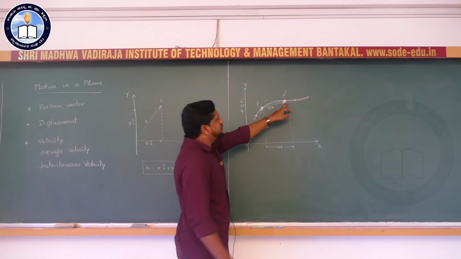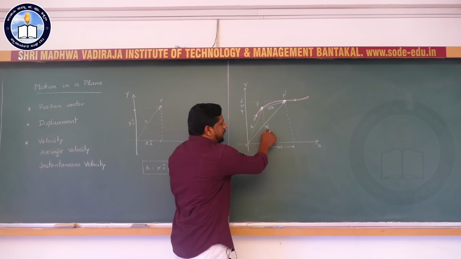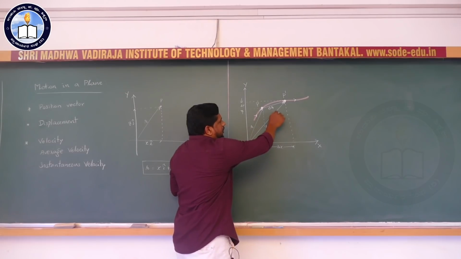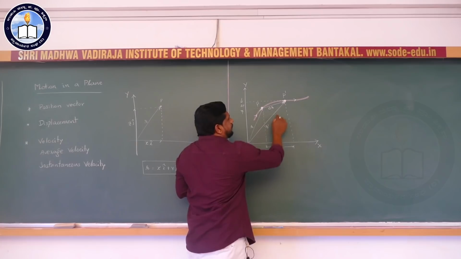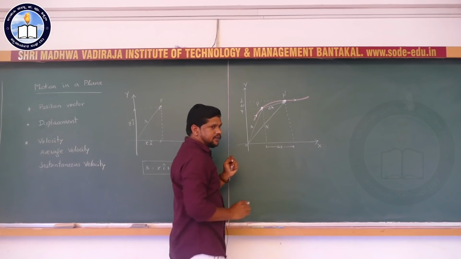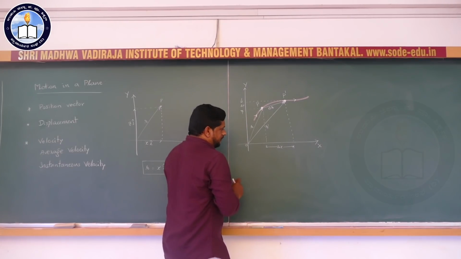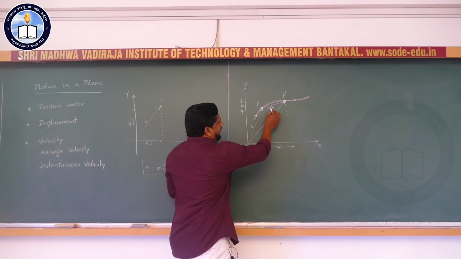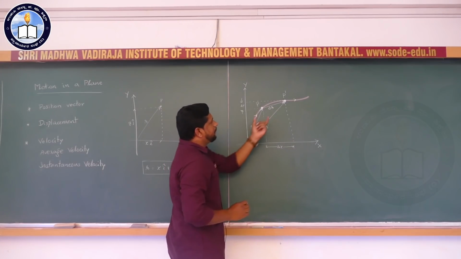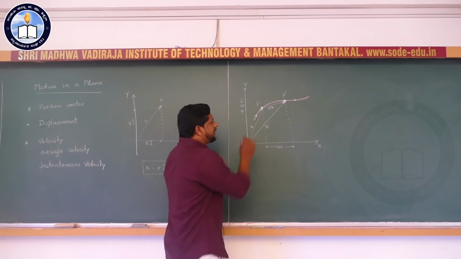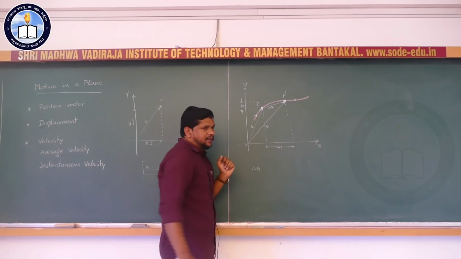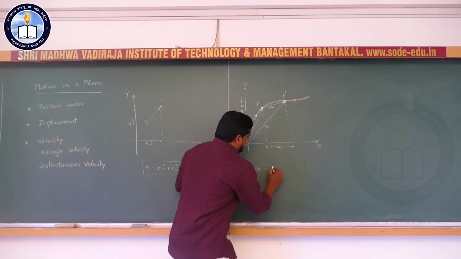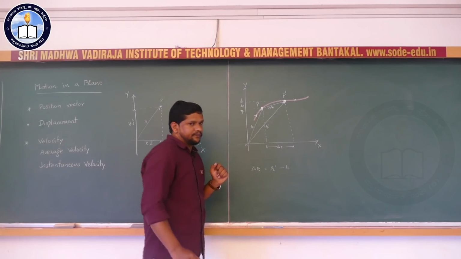Here let P dash be its final position and R dash the position vector representing the position of the particle after a time interval of t seconds when it reaches P dash. Here the vector delta R represents the displacement of that particle. So delta r, the displacement, is exactly equal to r dash minus r.